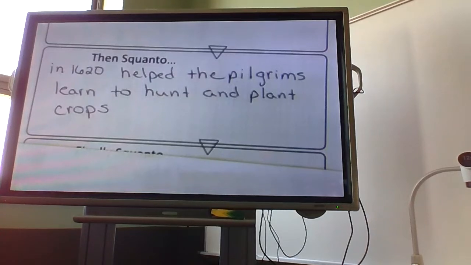I just wrote down that he helped the Pilgrims learn to hunt and plant crops, because that's basically what he did. Okay, so you can get that down. You can write the words out of your book. You can see what I have down. And then we're going to be changing those words tomorrow as we write our sentences. We're going to kind of do that together.